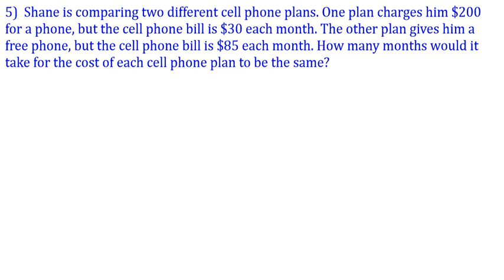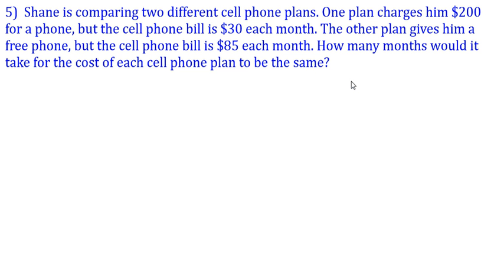So the question is, what do we know about the problem? And that's where I would start. We know that we're comparing 2 cell phone plans. So if we're comparing the plans, that means we're comparing the total costs for the plan. So I can think, hey, I've got a variable here. Let's say T represents the total cost for the plan.